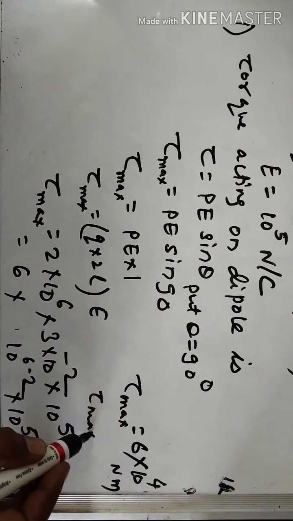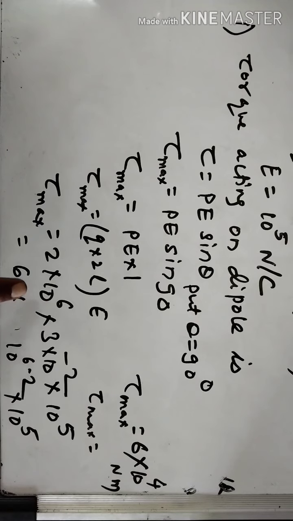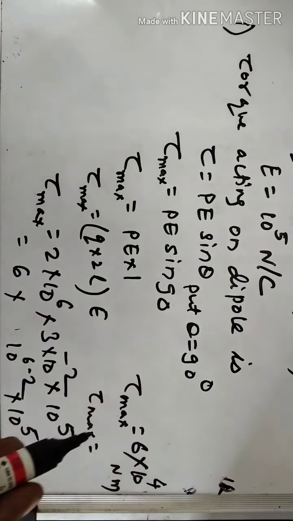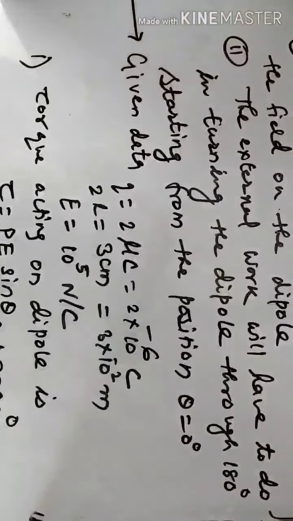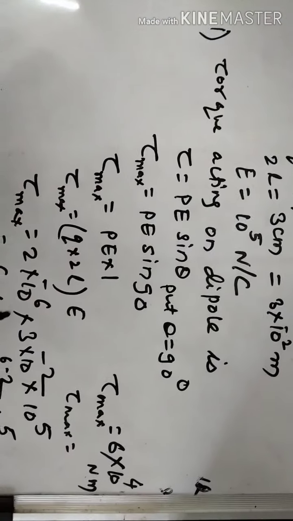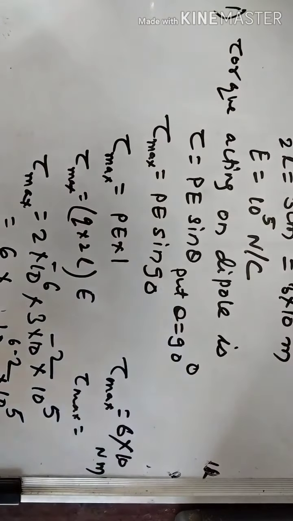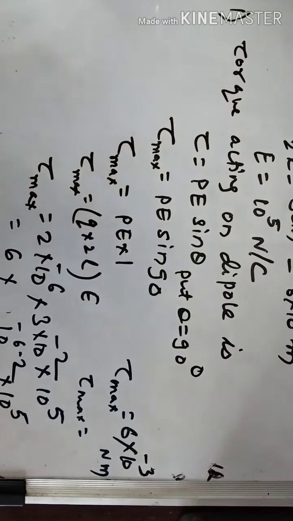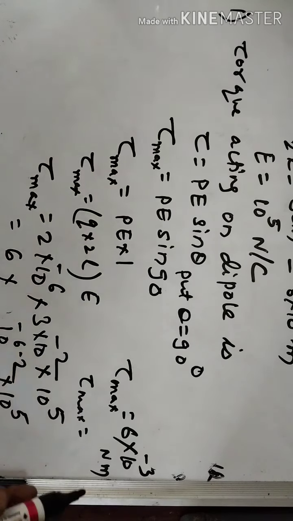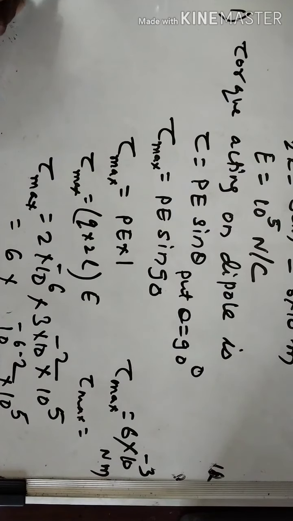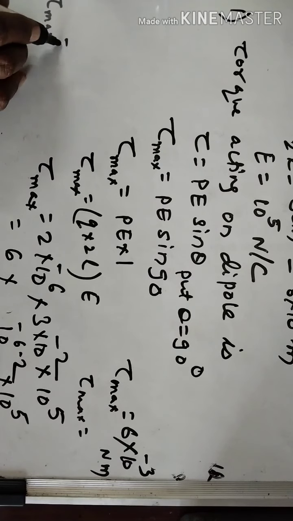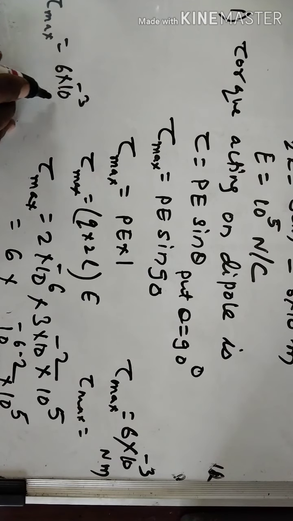So tau max is equal to, here 2 micro, so micro means 10 to the power minus 6. Here minus 6, here minus 6 and here minus 2. So that is minus 8. Minus 8 plus 5, that is minus 3. Torque maximum is 6 into 10 to the power minus 3, unit Newton meter.